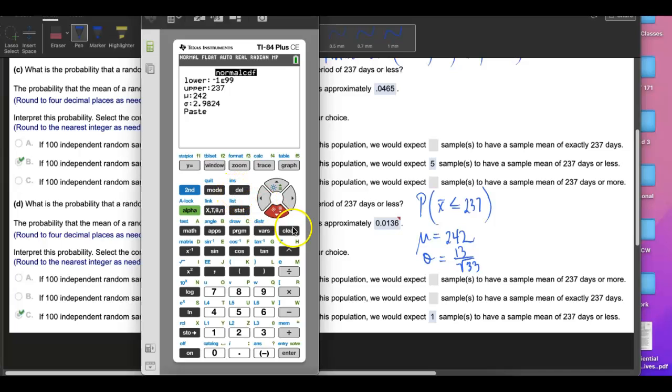It's sigma that's different. So I can type in 13 divided by the square root of the sample size, and not even calculate that. The calculator will take care of all of that for me. Press enter to paste, press enter to compute, and we get 0.0136. So same thing here as if we were using the table.